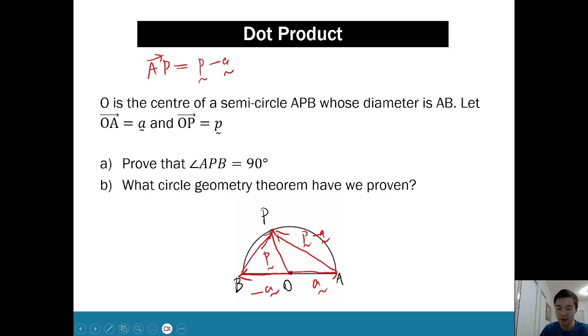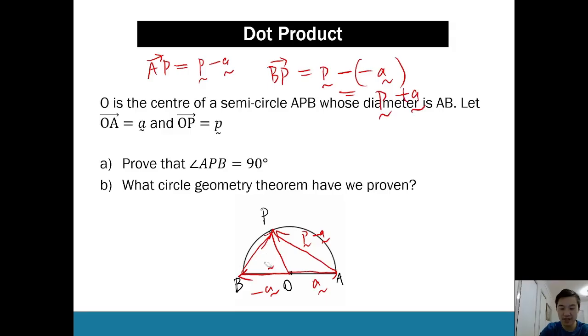So BP, using vector subtraction, is p minus OB, which is minus a. So in actuality, BP is vector p plus a.